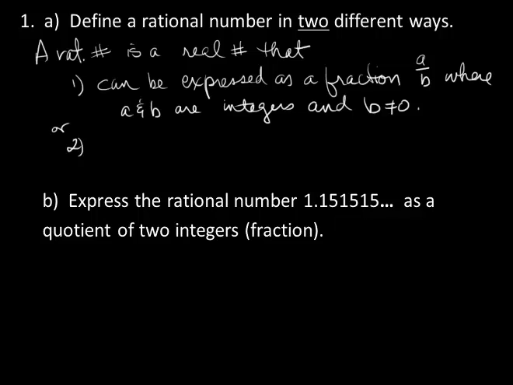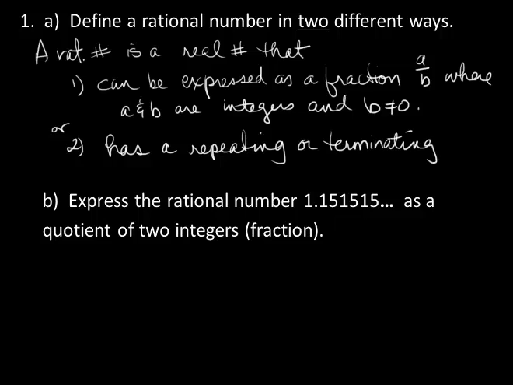Or a second alternate definition is a real number that has a repeating, you could also put in or terminating, a repeating or terminating decimal.